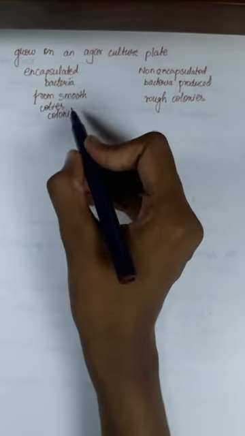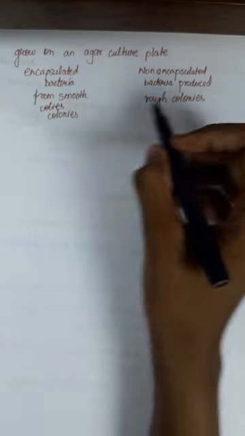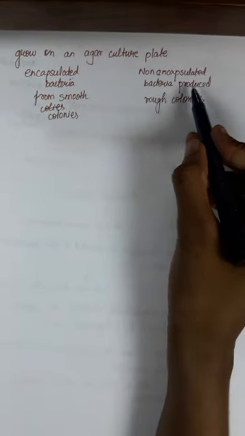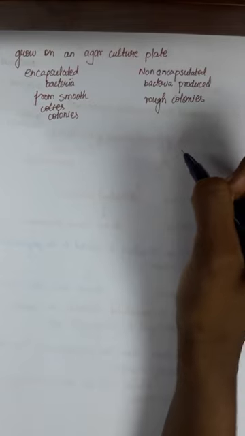Encapsulated bacteria produce smooth colonies and non-encapsulated bacteria produce rough colonies.